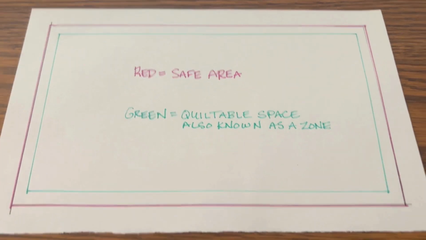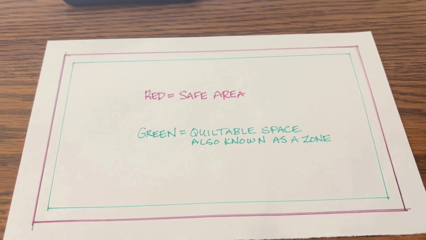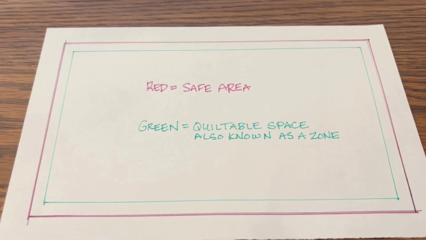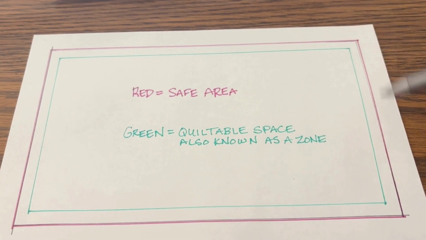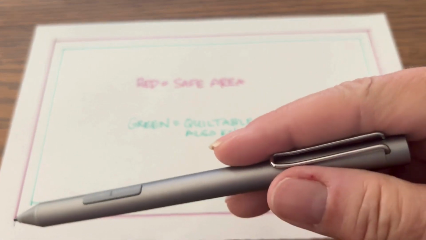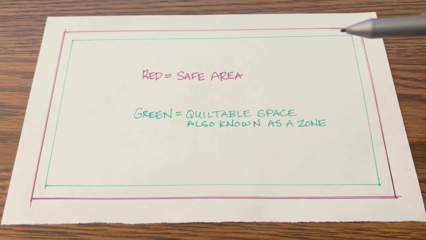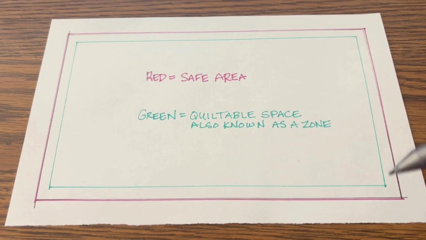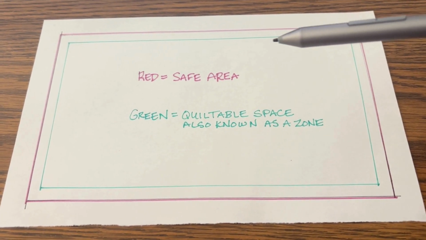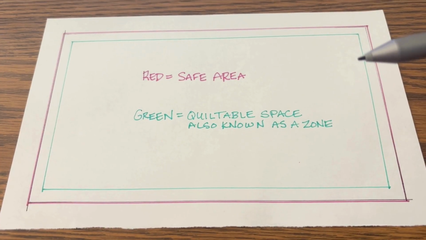I have a little diagram here that I want to show you, and I'll demonstrate this on the computer screen in a minute, but I want you to see that the safe area is defined on your screen by a red box. Sorry, it's gone out of focus. By the red box, and you can see that the green box is your quilting zone or your quiltable space. Those are the same things.